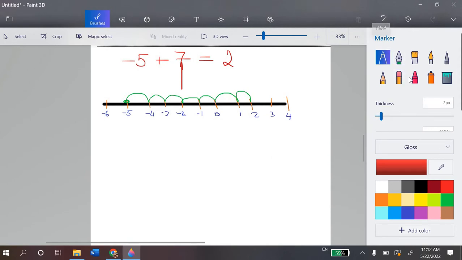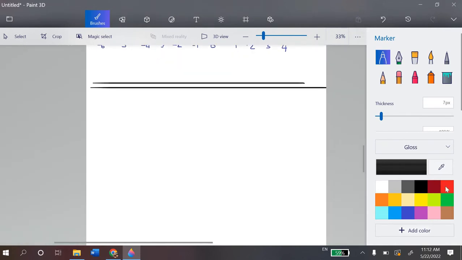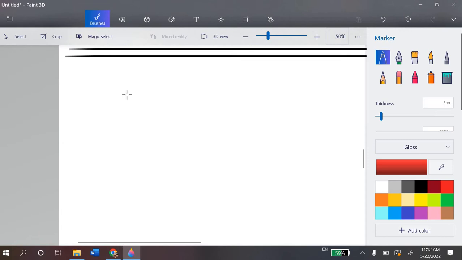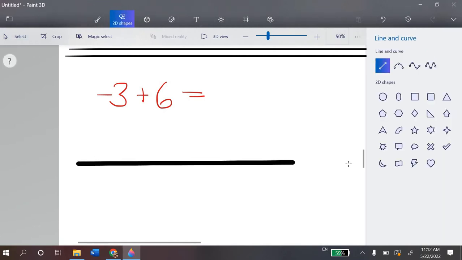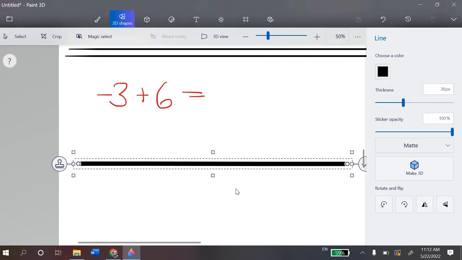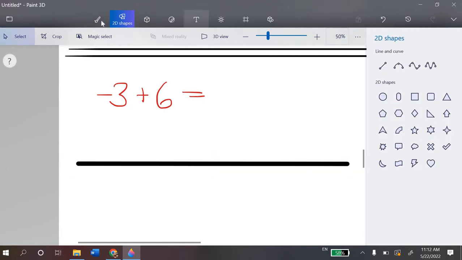Let's do one more like this. Next question: -3 plus 6. Again, let's draw our number line.